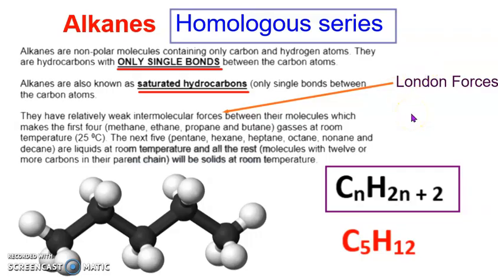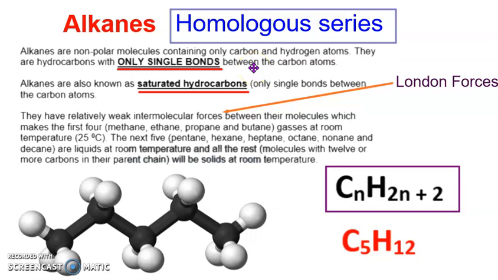So if we look at the information from our notes, alkanes is what the homologous series, the class of organic compounds, is called. As mentioned, they have only single bonds between the carbon atoms, and that is the functional group. That's how we identify that we have this homologous series.